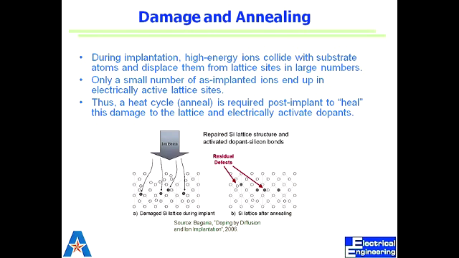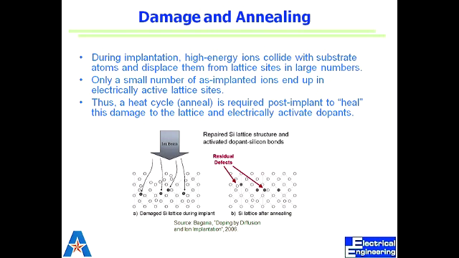Okay, what happens to the crystalline structure when the high energy ions collide with atoms? They displace them from the lattice sites. So those sites where they are, those are low energy sites, the minimum energy sites. But when they're displaced, they would impede the flow of charge, right? So they'll be acting as collision sites.